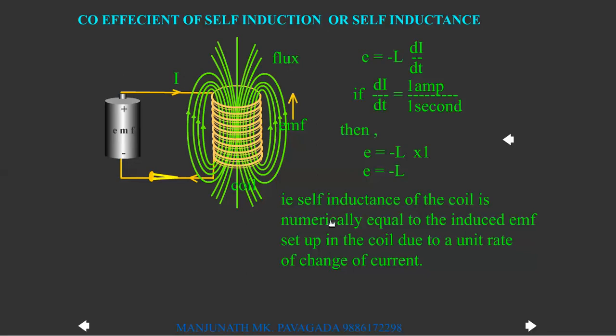Once again, let me repeat: self-inductance of the coil is numerically equal to the induced EMF set up in the coil due to a unit rate of change of current. It means if current in the coil changes at the rate of 1 ampere per second, then whatever EMF is produced will be numerically equal to the self-inductance of this coil.